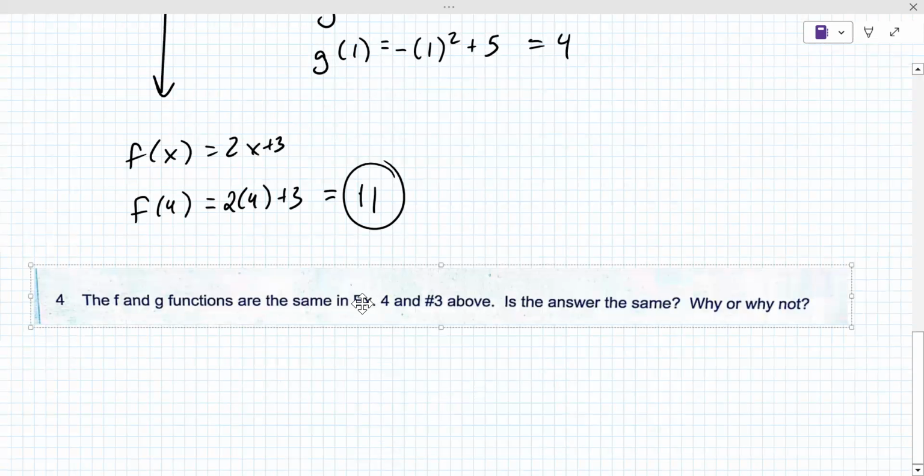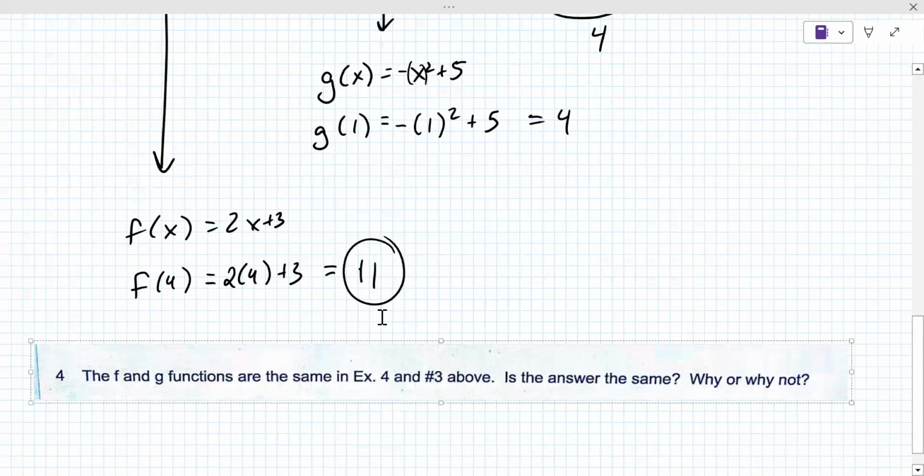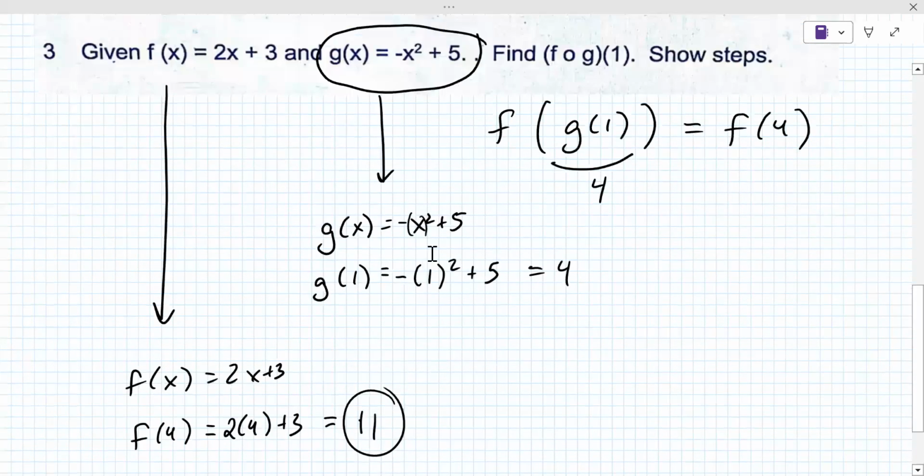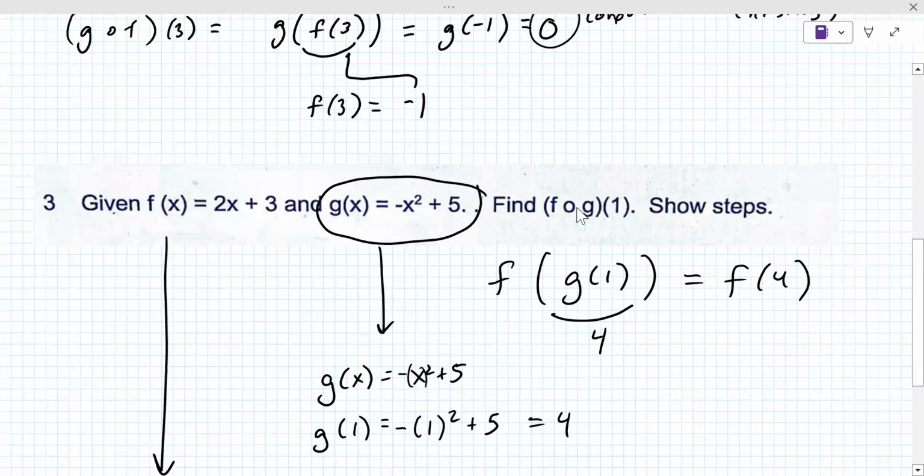Example 4 and number 3 above. Maybe I'm looking at the wrong one. Hold on, yeah, maybe just double check. My guess is it's really similar to this. It's just g of f of 1. Yeah, it's given f of x equals 2x plus 3, and g of x equals negative x squared plus 5.